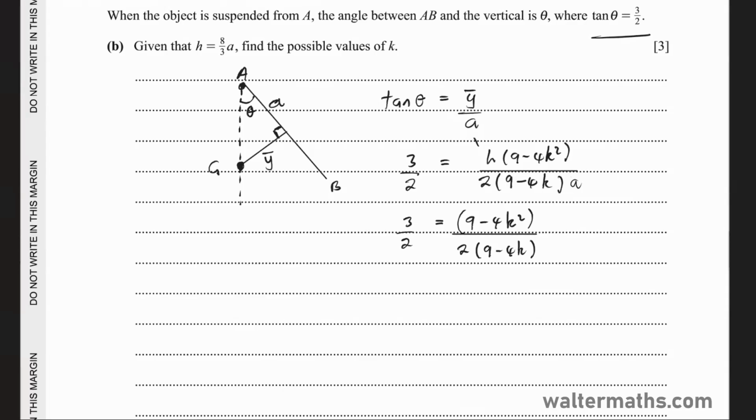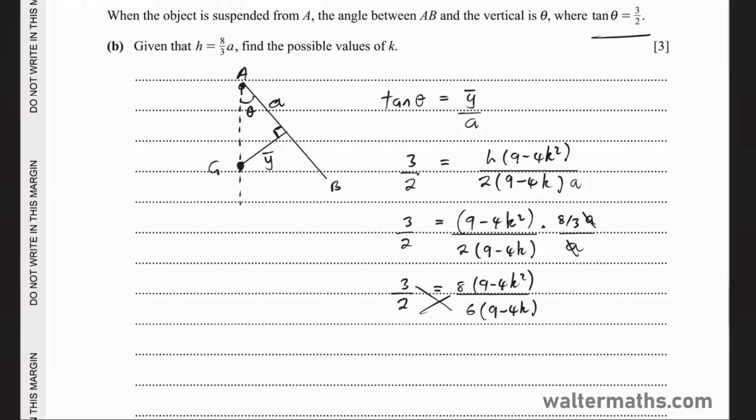And for this H, I'm going to use 8 over 3 of A, and that's over A. So the A's are going to cancel, all right? So what we have is 3 over 2 is equal to 8 of 9 minus 4k squared, and that's over 3 of 2, which is 6 of 9 minus 4k.